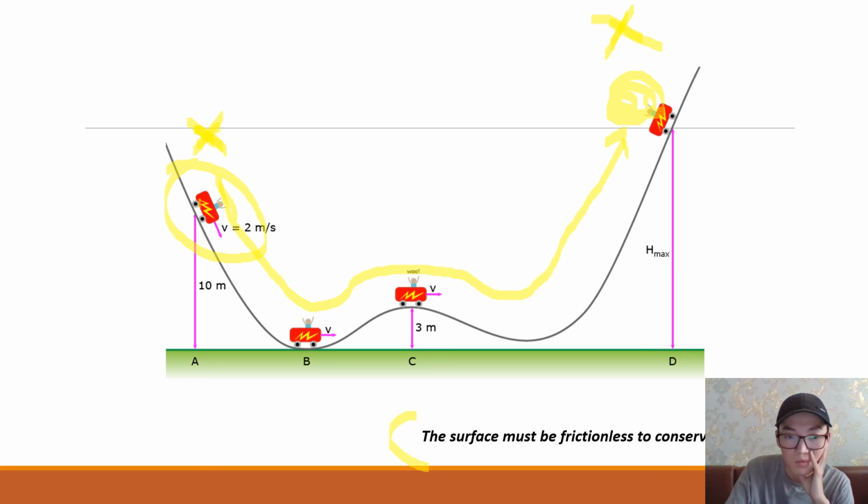For example, if here it has a speed of 2 meters per second, here it will have 0 potential energy, and here we have only kinetic energy. So the total of energies here will be equal to the energy at the second point, and we can just cancel some variables and we can easily find the velocity of this cart.